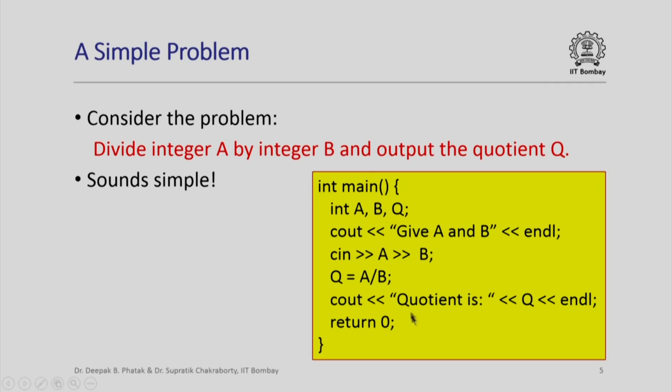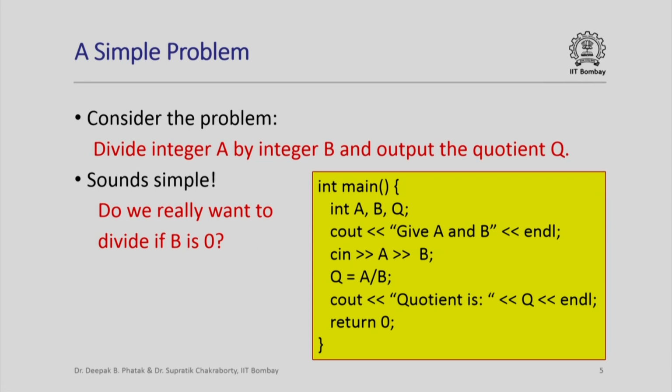There does not seem to be anything complicated about this program, except that what would happen if b was 0? When we do this division, we would effectively be doing a division by 0, and that is not a very well defined operation. So do we really want to divide if b is 0?